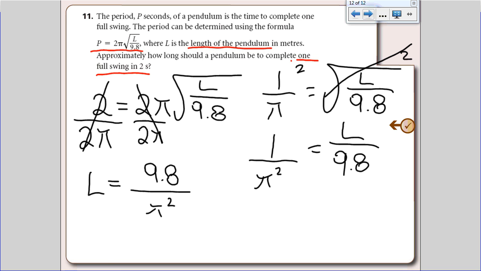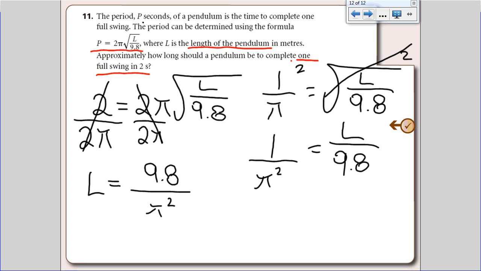The only tricks that you want to keep your eye open for, and this one doesn't have one. You want to keep track of your units. They gave us P in seconds, and they also gave us the time in seconds, so it worked out nicely. That won't always be the case. They can say P in minutes, and then give you a question in hours, and then you have to convert the hours to minutes.